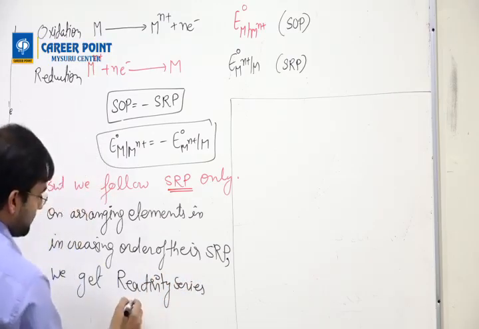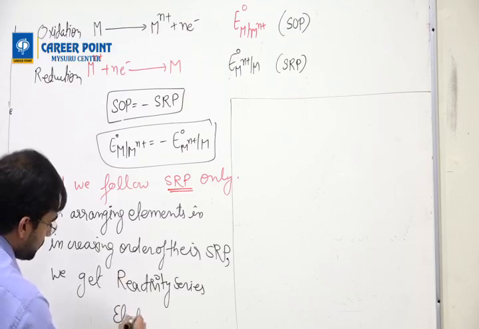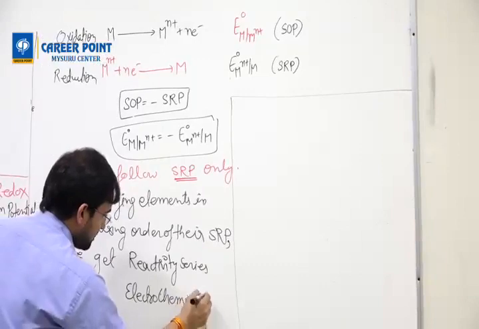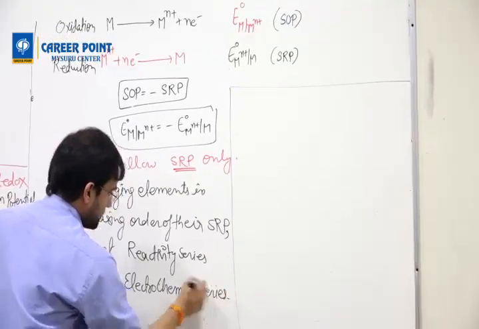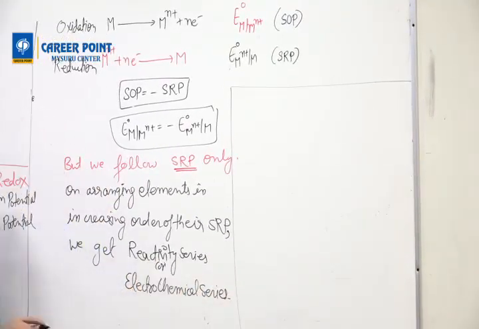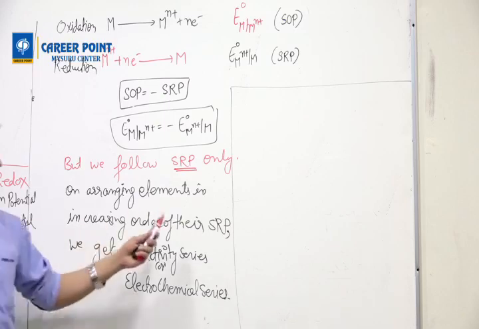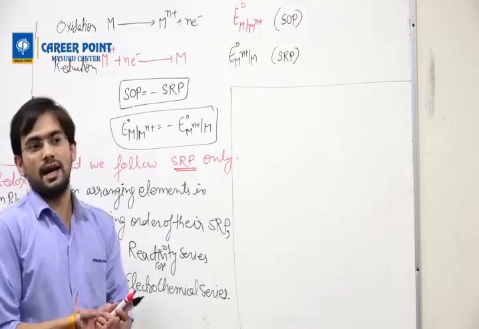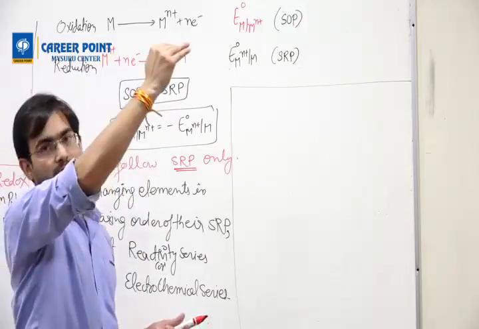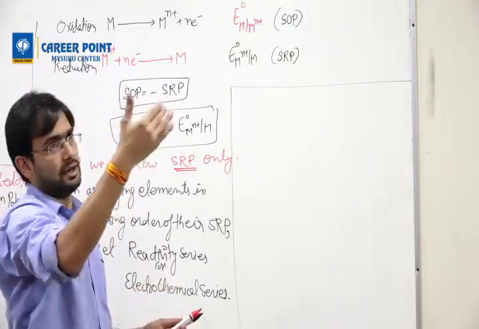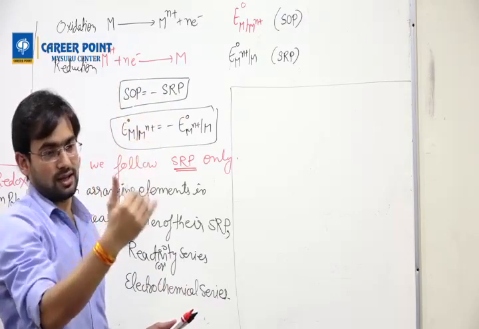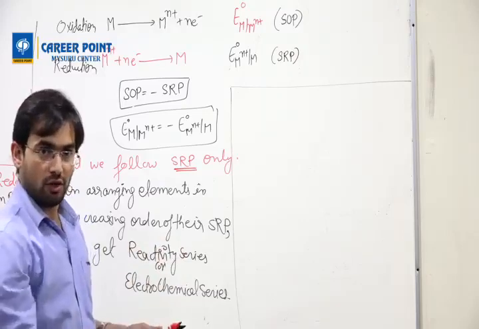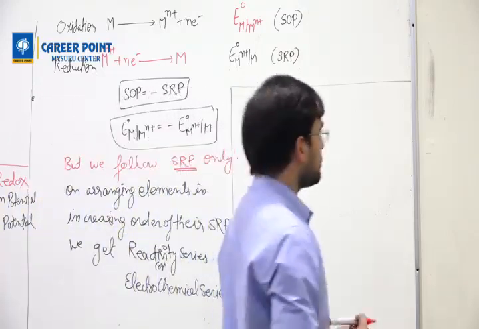It has another name, electrochemical series. If you arrange the elements in increasing order of their SRP, first we write the minimum, which could be negative. Then the negatives become smaller, then somewhere it will come to 0, then positive values, more and more positive. That is for increasing order.